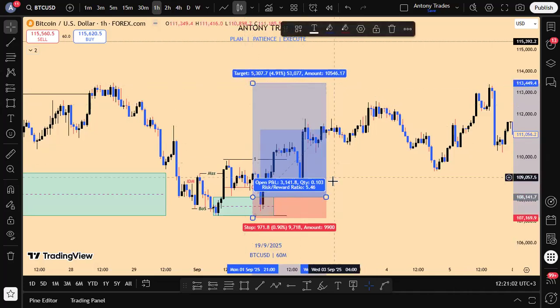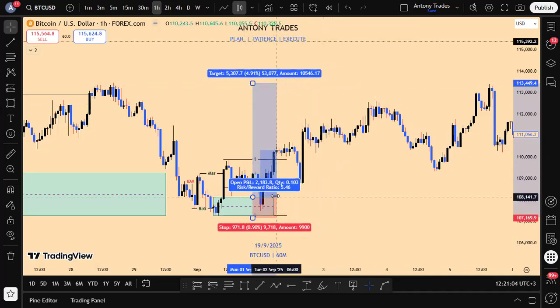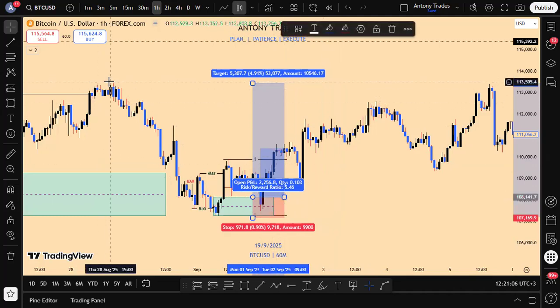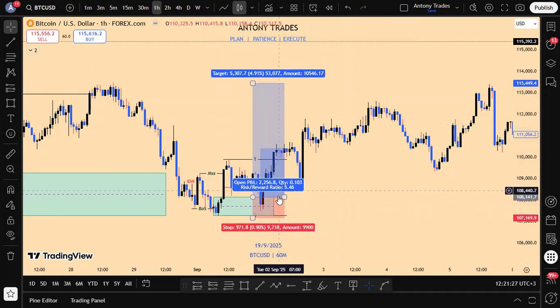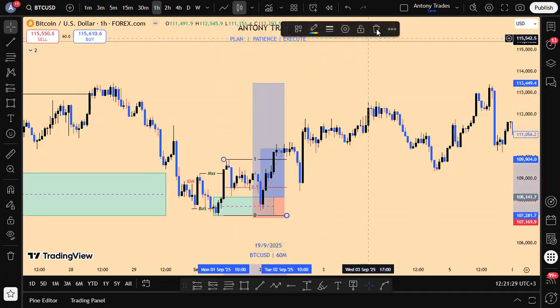Above this high. And you can see now for this entry, we have high risk to reward compared to the entry at the 50%. But now remember, this entry is risky because you don't know whether the market is going to push down here. Market can decide to come under 50% and then reverse. So that is one entry here.